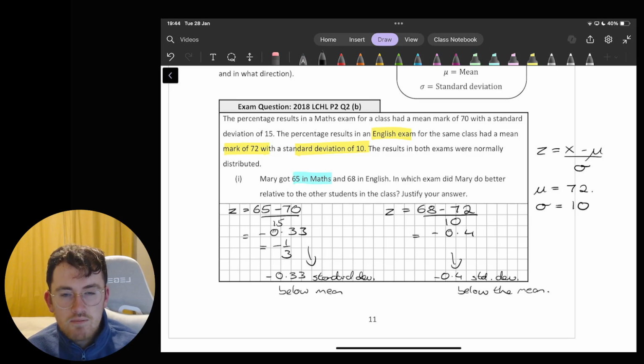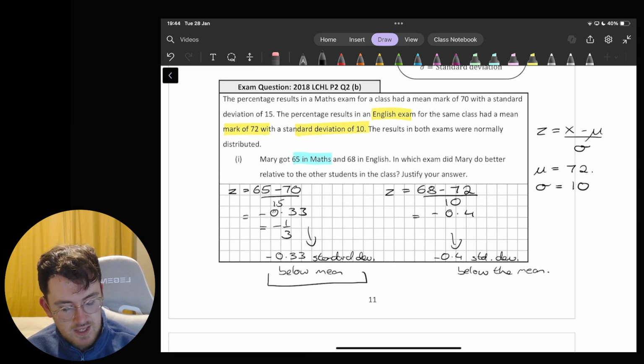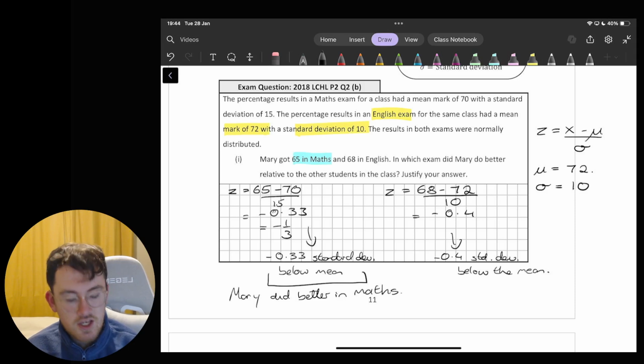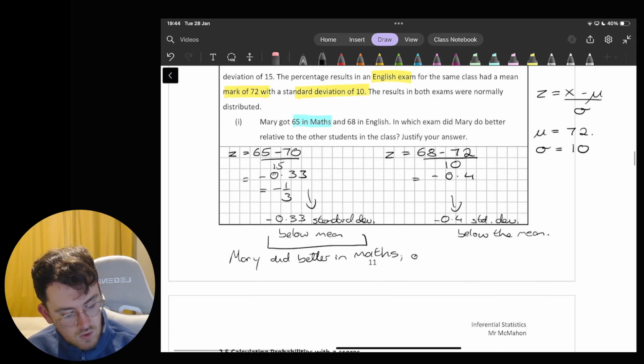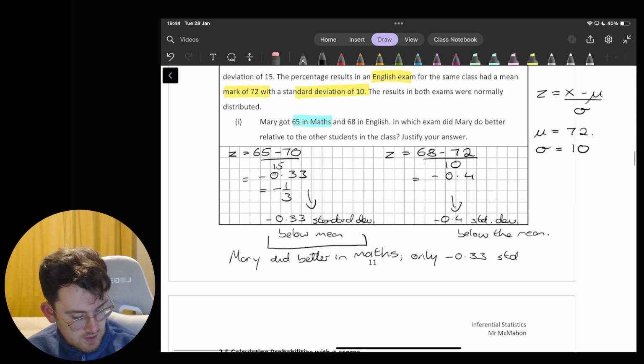Okay, so comparing the two obviously is better to be fewer standard deviations away from the mean. So Mary has done slightly better in maths than she did in English. Okay, so Mary did better in maths, only minus 0.33 standard deviations below the mean.